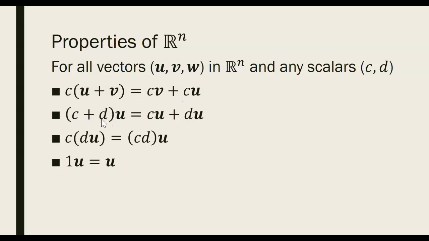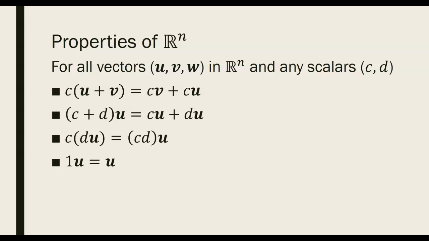Here, if we're adding scalars and then multiplying by a vector, I could have multiplied that vector times each of the scalars. And then if I have a scalar multiplication times a scalar multiplication times a vector, it doesn't matter what order I did that in. So we have associativity of multiplication, but you have to be a little bit careful here because when I say associativity of multiplication, I'm saying two scalars and a vector.